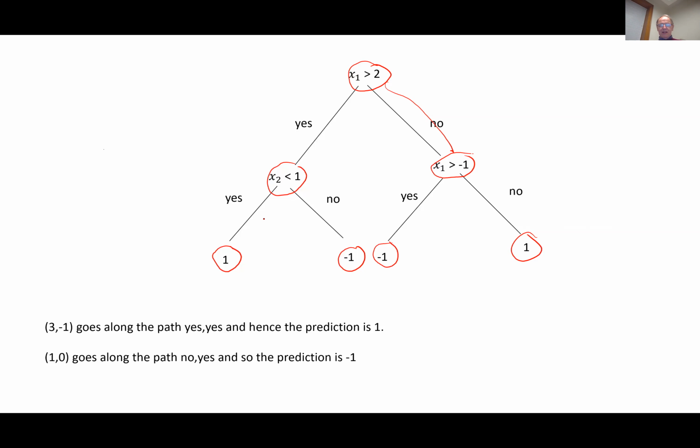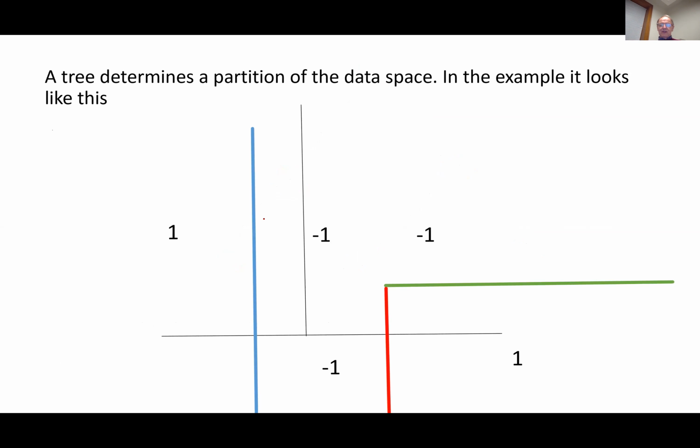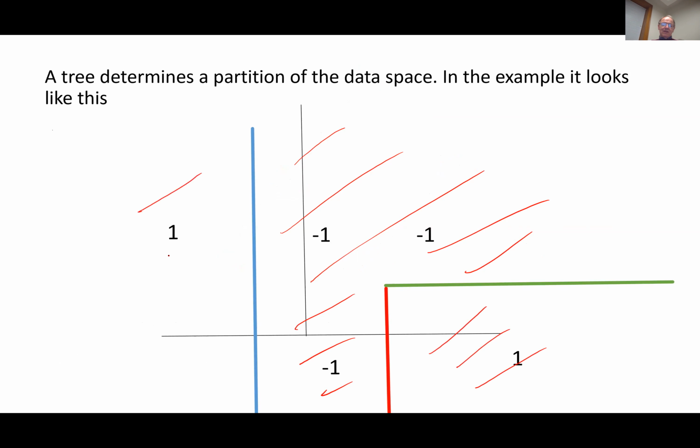That means it divides the plane into two separate parts, those that belong to +1 and those that belong to -1. In this case, it's going to look like this: divided into these two parts. Here's the -1 part, and the +1 part will consist of this part and this part here. So this is, in all its simplicity, how a decision tree works.